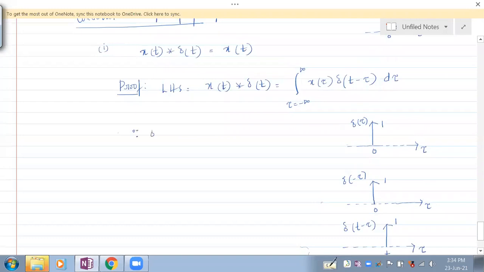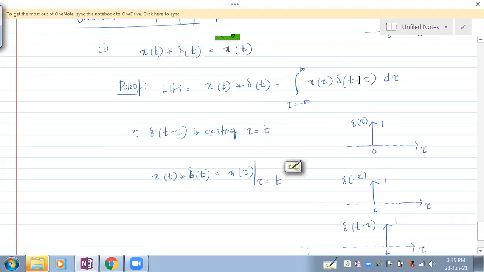Since delta of t minus tau is existing at tau equal to t, x of t convolution delta of t would be given as x of tau being evaluated at tau equal to t, because this exists at tau equal to t.